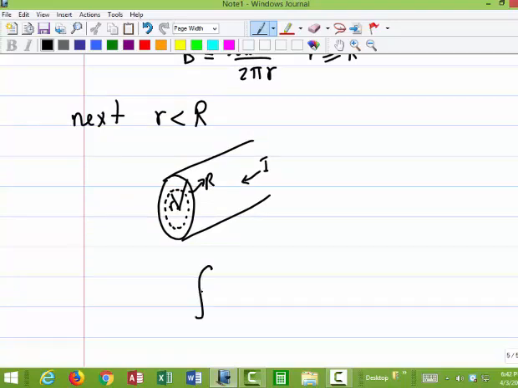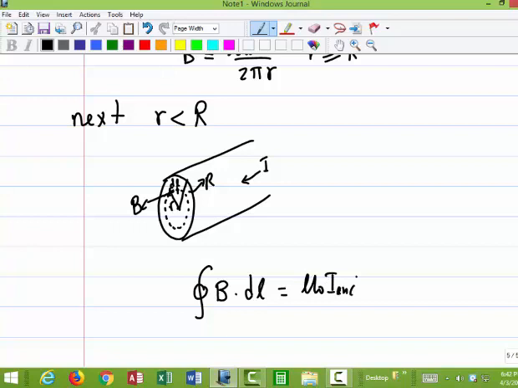Ampere's law says that the integral over the closed Amperian loop of B dot dl, where B is somewhere in here and the segment is dl somewhere there, should be equal to mu naught times current enclosed.